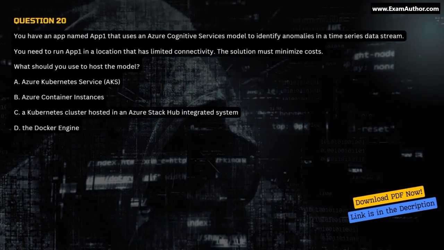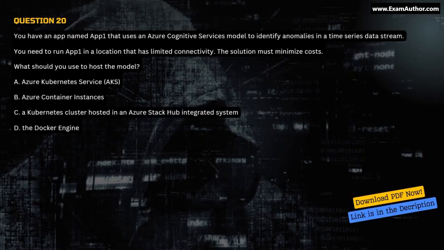Question 20. You have an app named App1 that uses an Azure Cognitive Services model to identify anomalies in a time series data stream. You need to run App1 in a location that has limited connectivity. The solution must minimize costs. What should you use to host the model? A. Azure Kubernetes Service AKS. B. Azure Container Instances.